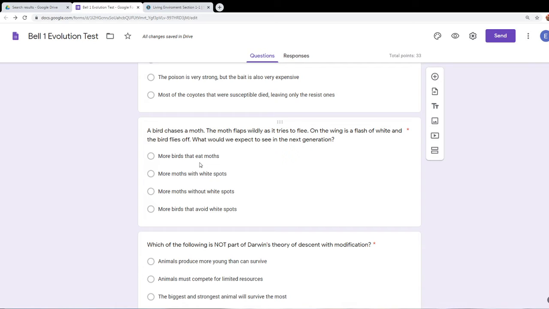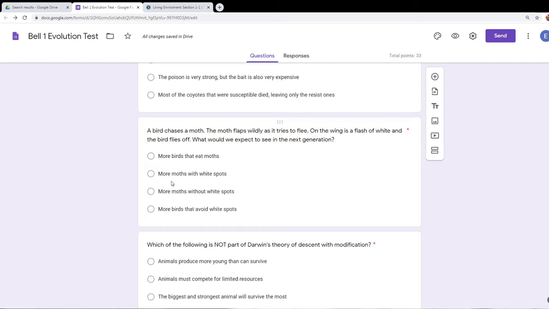Would we expect next generation that there's going to be more birds that eat moths, more moths with white spots, more moths without white spots, or more birds that avoid white spots? Which one of these would we expect to see in the next generation if on the wing of a moth a flash of white scared the bird away?